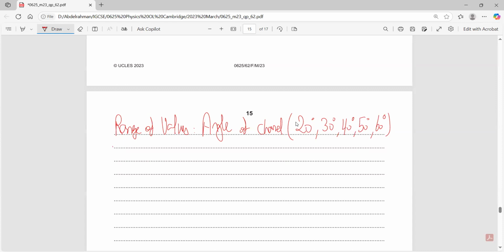What about the controlled variables? I have several controlled variables in this question. First of all, you can say the mass of the ball, and the material of the ball.